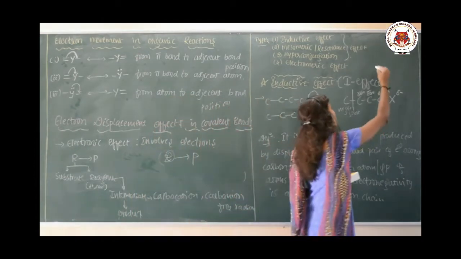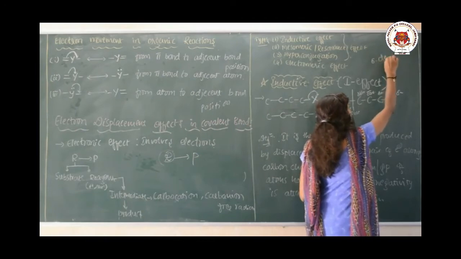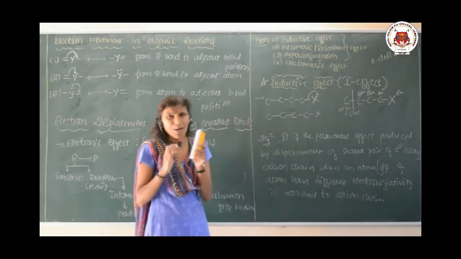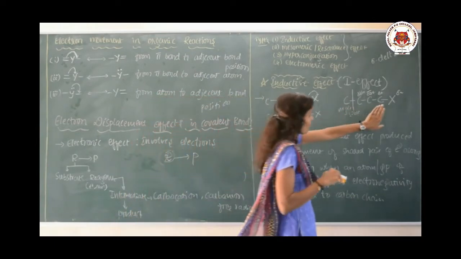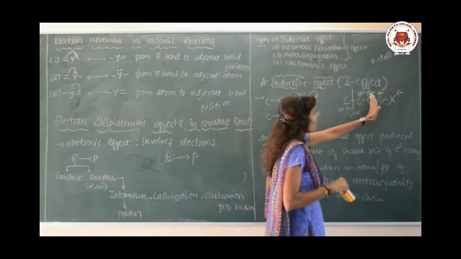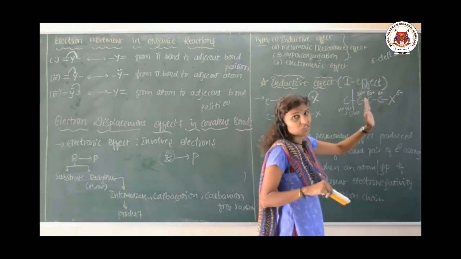This symbol is delta, which is used for partial, meaning not complete. It gets the partial negative charge, this carbon gets the partial positive charge, and the next carbon gets a little. It means the effect is less for the next carbon.